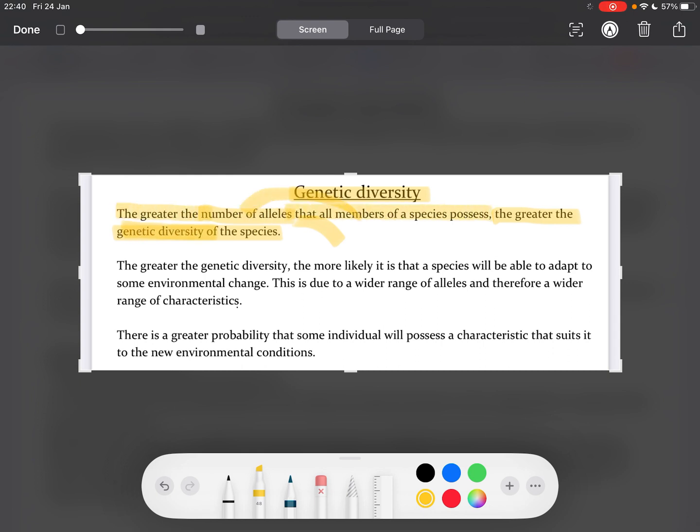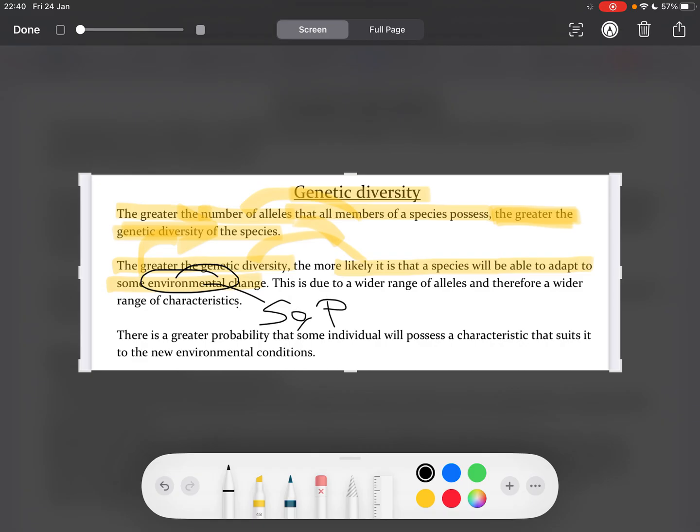Is it a good thing that there is greater diversity of the genetics? If it's good, why? Because the greater the genetic diversity, the more likely it is that a species will adapt to some environmental change. Environmental change such as what? Such as lots of stuff, as we said: soil factors, pH. We're not only talking about human beings here.